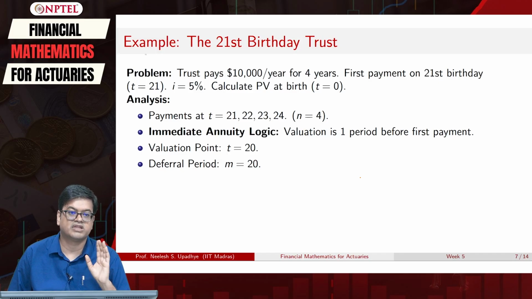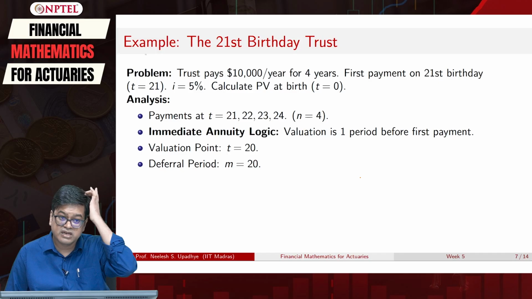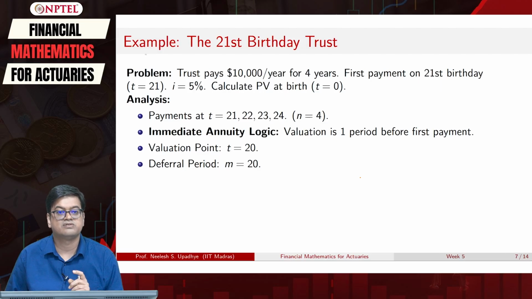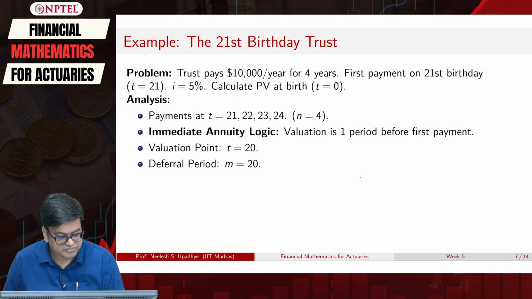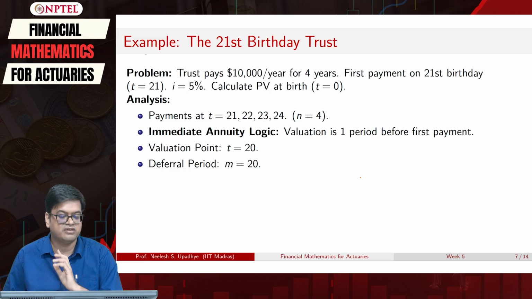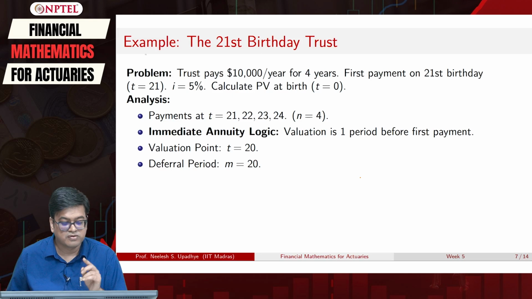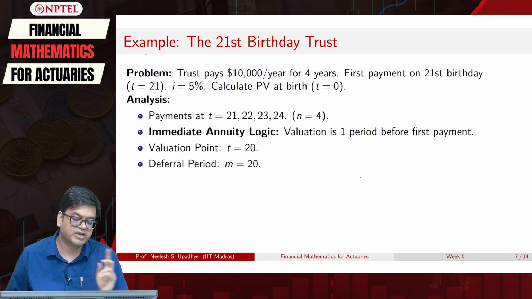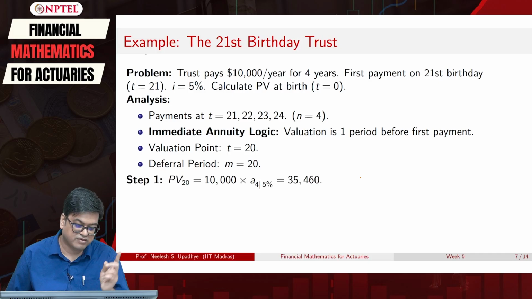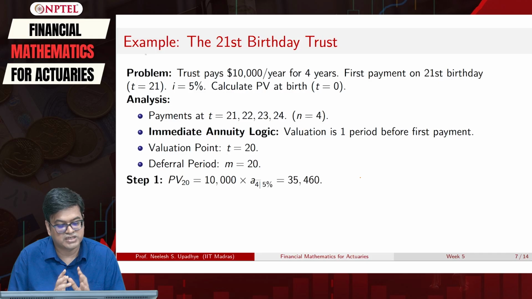Then I know what I should do. If I follow method 1, I will first compute the annuity, and once I compute the annuity, I will bring that back 20 years. So I will multiply by v raised to 20. That is all. So step 1 is to compute that annuity. You can easily compute a angle 4 at 5%.